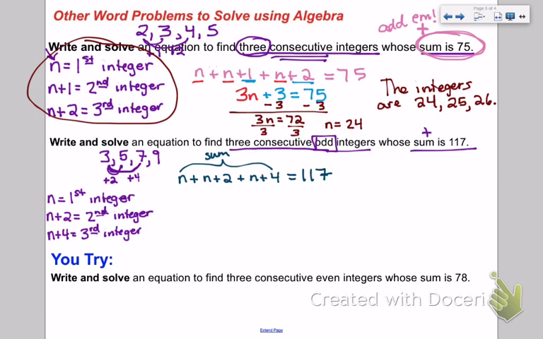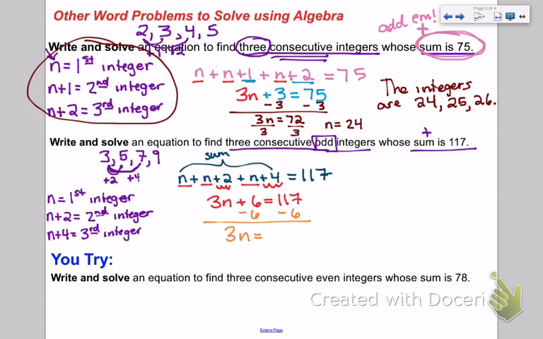Once again, I'll combine my like terms. n and n and n is 3n. And then positive 2 and positive 4 give me a positive 6 equals 117. From here, it's just a regular two-step equation. So I must subtract 6 from both sides, because that is the opposite operation to the non-variable term.